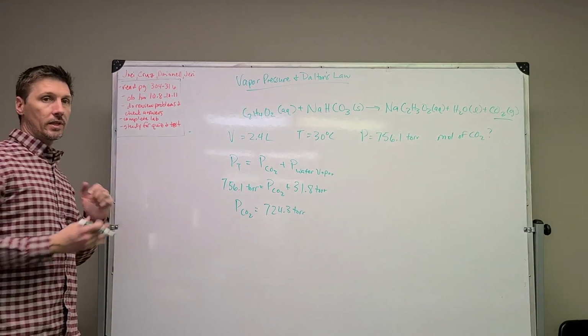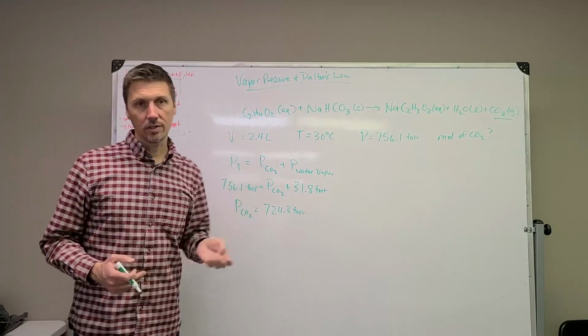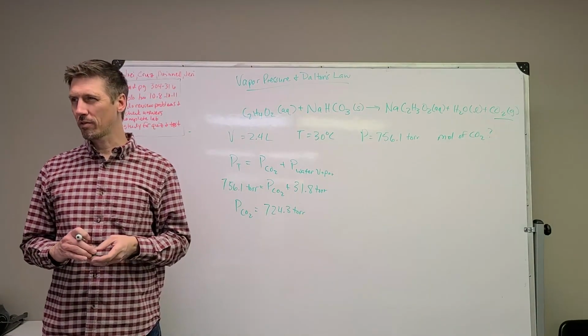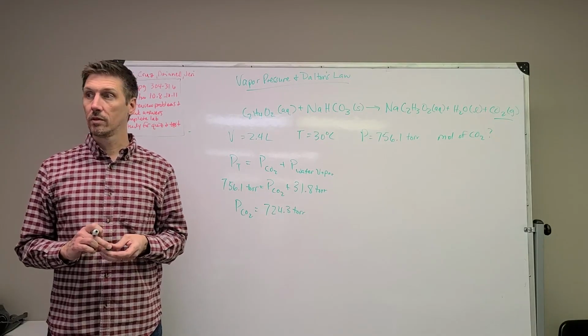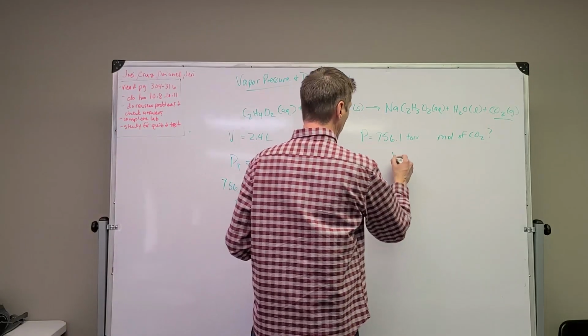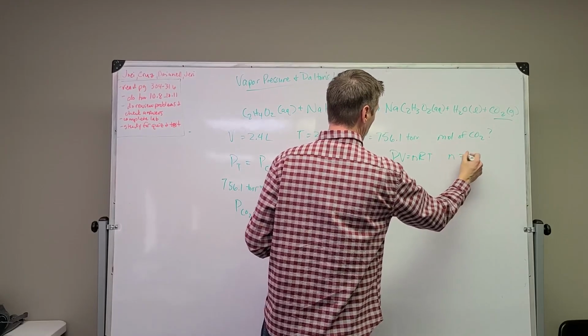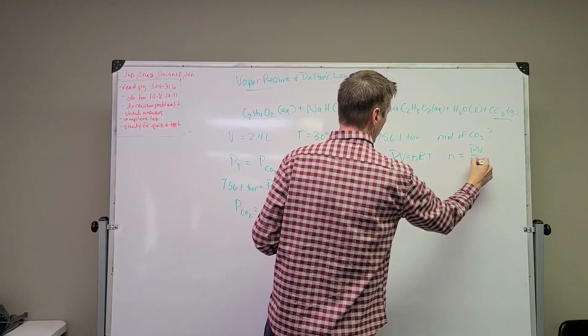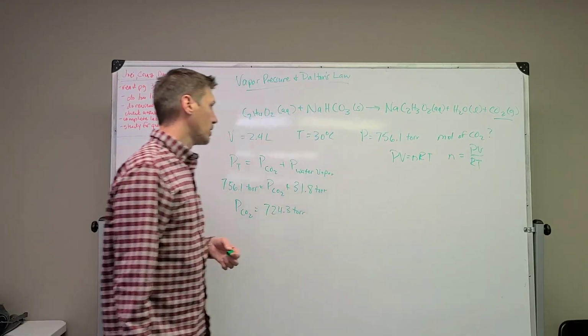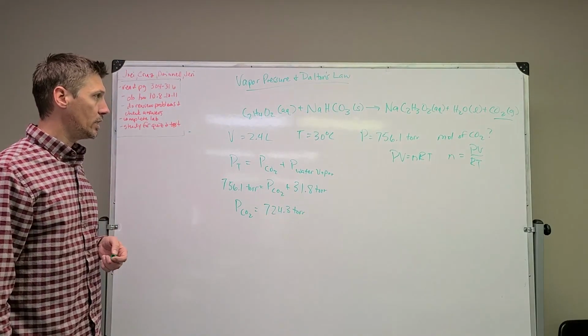Is there any formula that we know, given these values, that we might be able to determine the number of moles of a particular gas? Ideal gas law, right? So PV equals nRT, or if we solve for n, n equals PV over RT. So the number of moles is PV over RT.